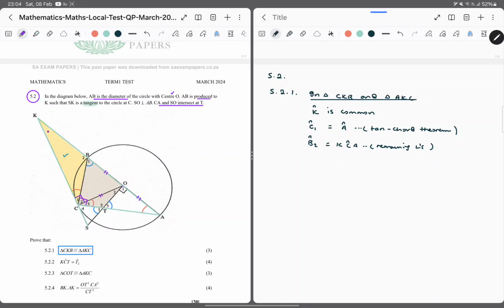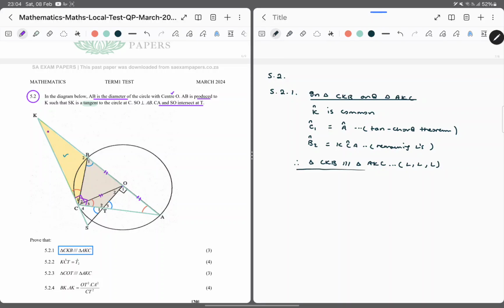I don't know if it is necessary, honestly, to write this third thing, but yeah, whatever. You can say, therefore, triangle CKB is definitely similar to triangle AKC. Most important is the reason here why these are equiangular.